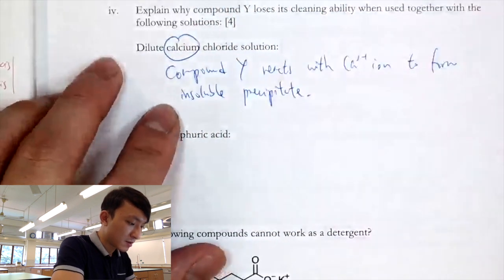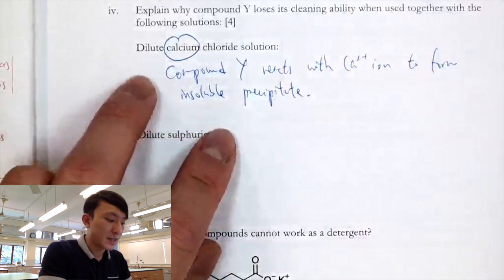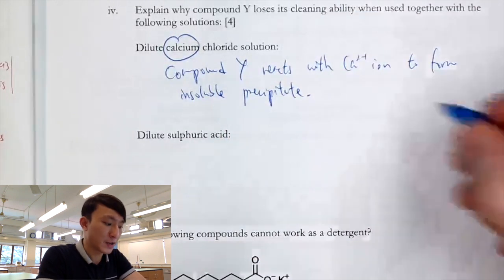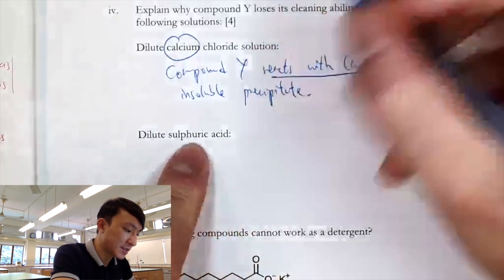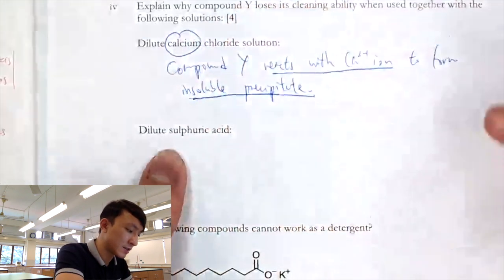Once it has formed precipitate, it is no longer soluble in water, so it cannot exert its function. So it reacts, I think it is 1 mark, and insoluble precipitate, another 1 mark.